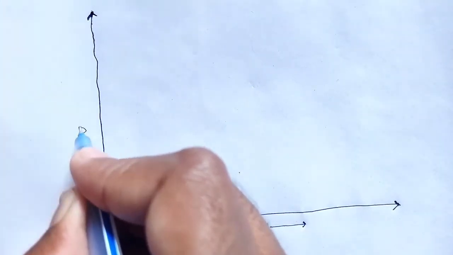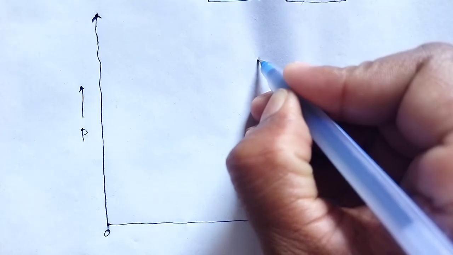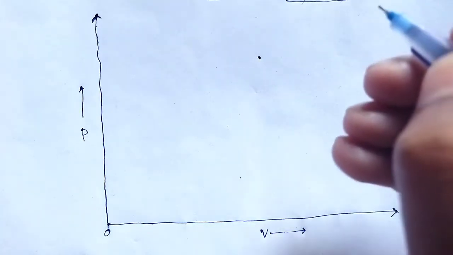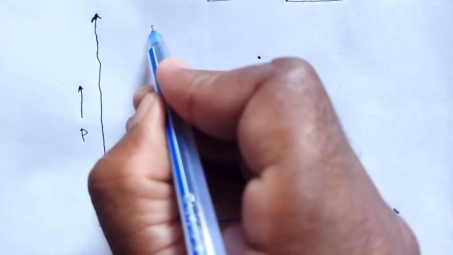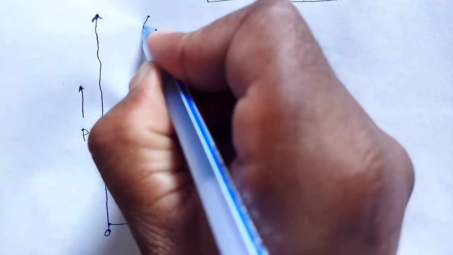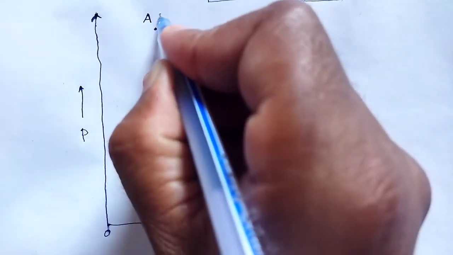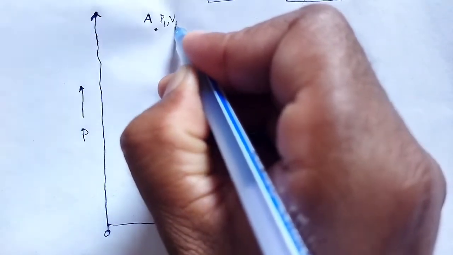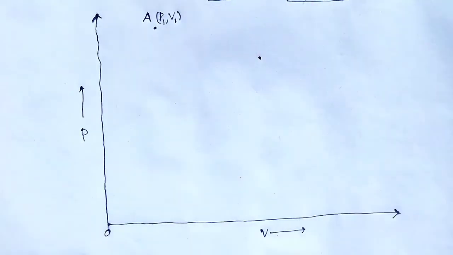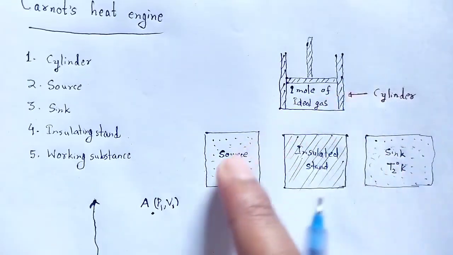Let the initial point be A. At the initial point A, the gas has pressure P1 and volume V1, denoted by that point. Okay, now the cylinder is put on the source.